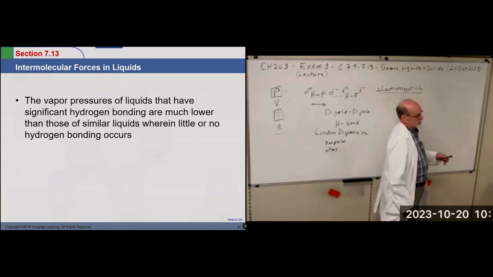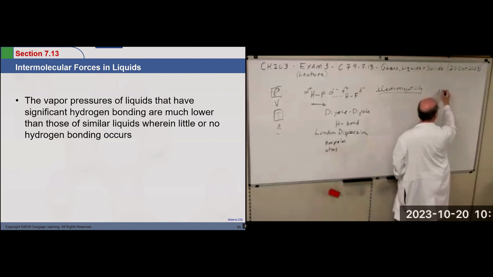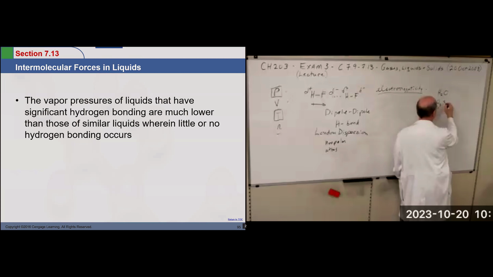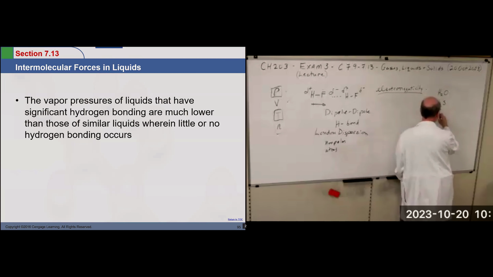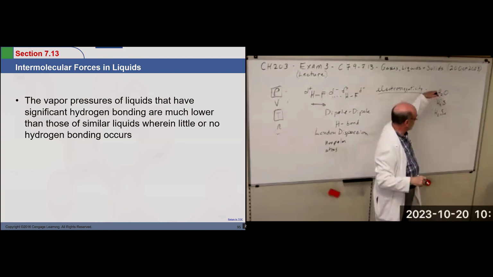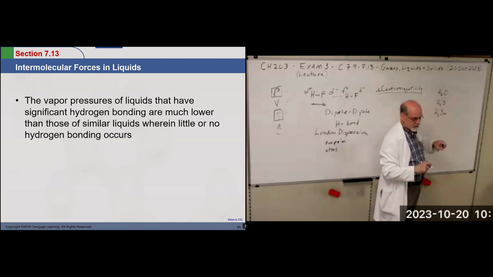So let's look at the family. Oxygen's at the top. So the hydride of oxygen is water. The hydride of sulfur is hydrogen sulfide. The hydride of selenium is hydrogen selenide. Right, so that's what we consider a homologous series. The only difference here is this atom right here.